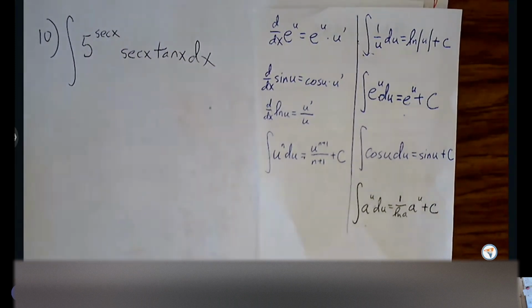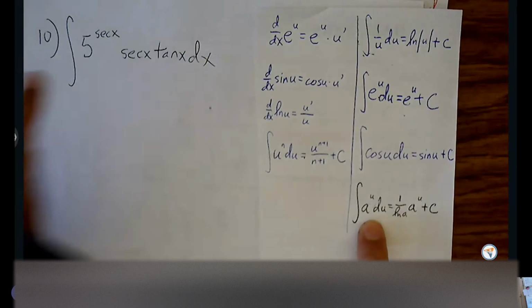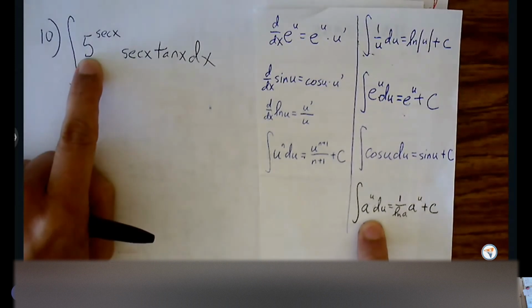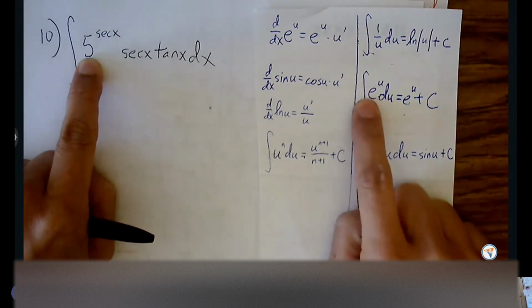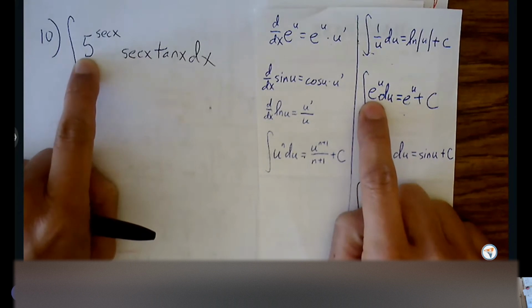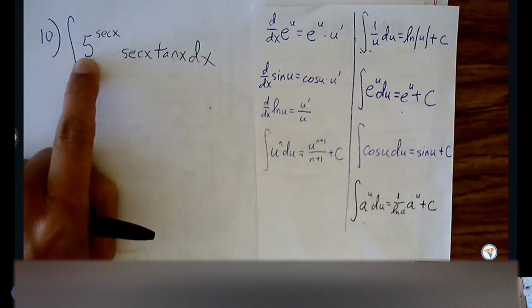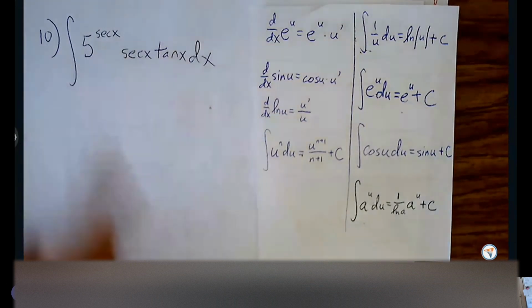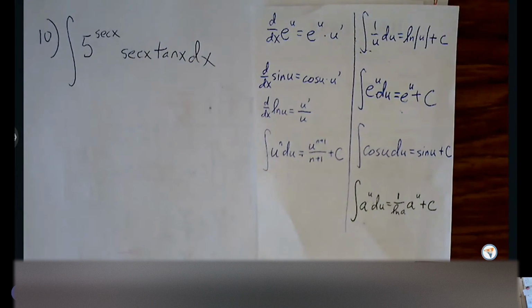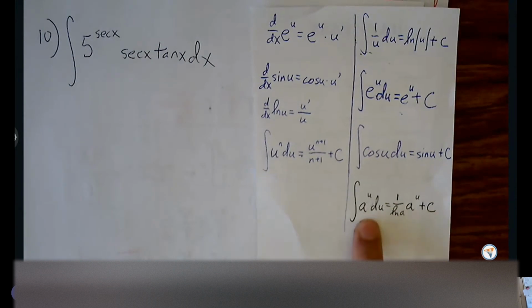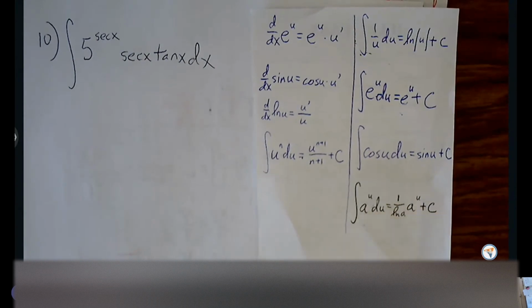So what rule does this look like we could fit under? A to the u. Okay, now this 5 is an exponential function. It's not base e. We call this base a because it's a base that's other than e. If it's other than e, they're all different, but they all have a similar pattern. So a could be base 2, could be base 5, could be base 8, right?